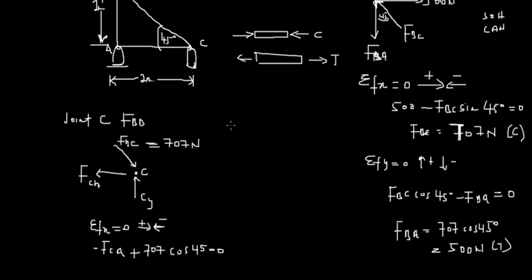So from here, you can notice that we have this, and then we have this angle, 45 degrees over here. That's how FBC looks. So when you use your SOHCAHTOA, cosine is cos theta, the adjacent over the hypotenuse.